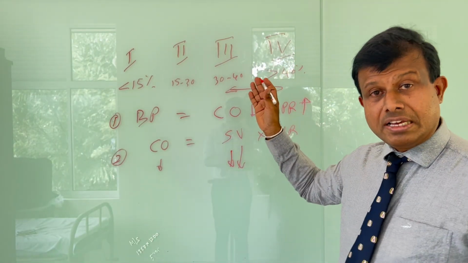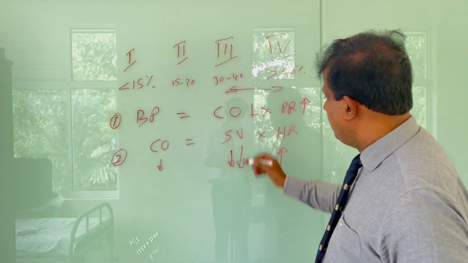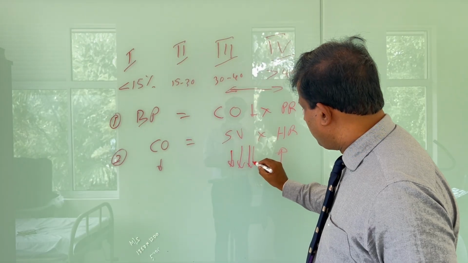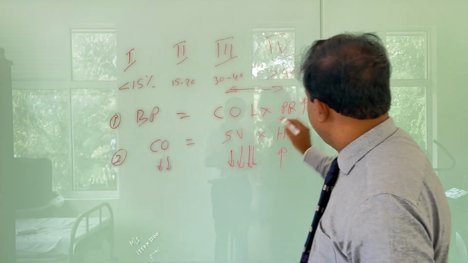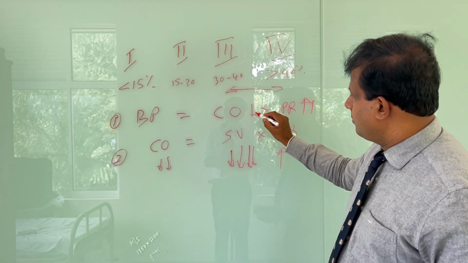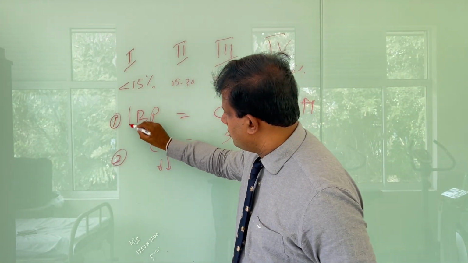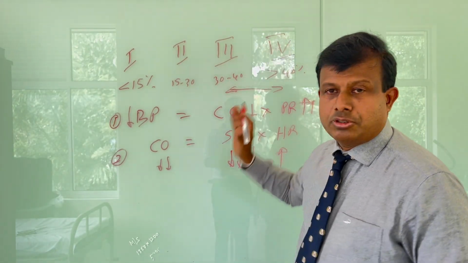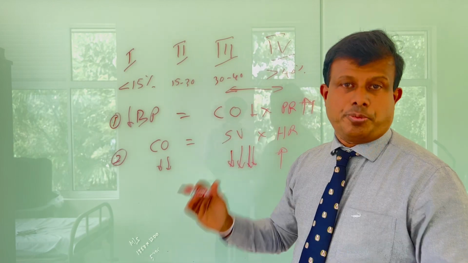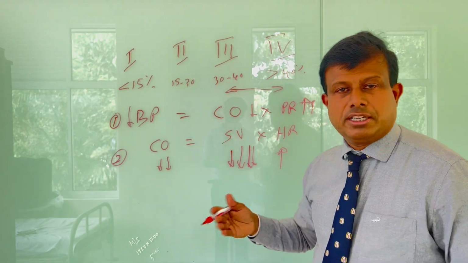And when it comes to class 3 and 4 shocks, lot of bleeding, stroke volume further drops, heart rate is maximum, cardiac output has dropped, peripheral resistance is maximum, the blood pressure starts to drop. That is how in class 3 and class 4 shocks, the blood pressure drops, whatever the physiological mechanisms acting in the body.